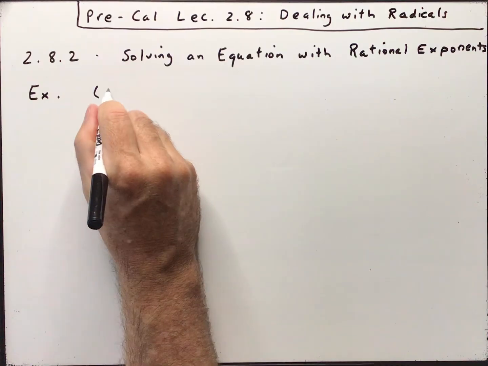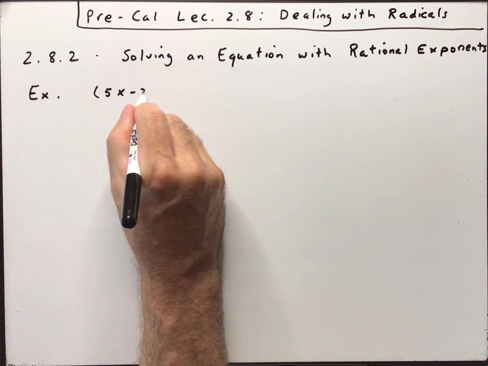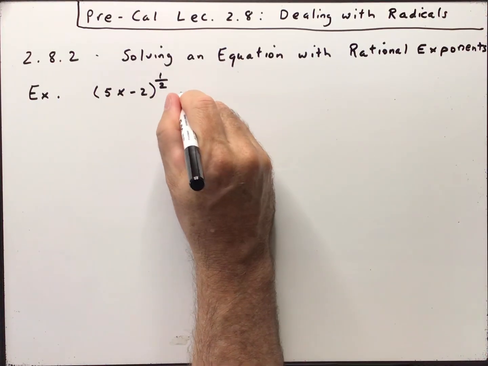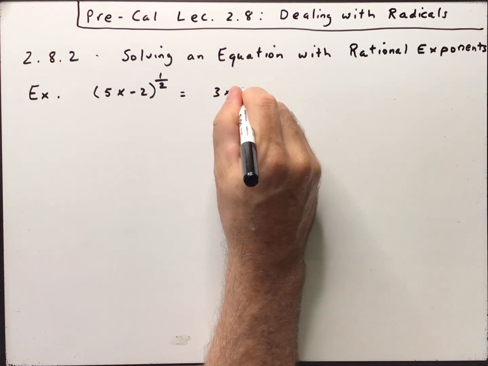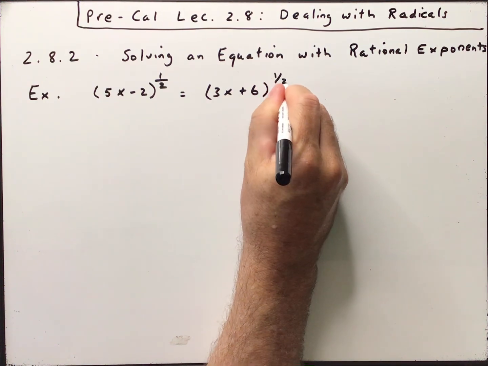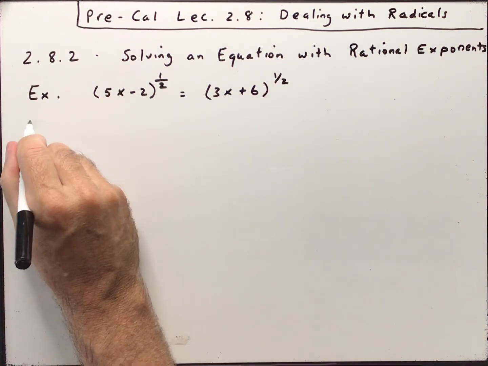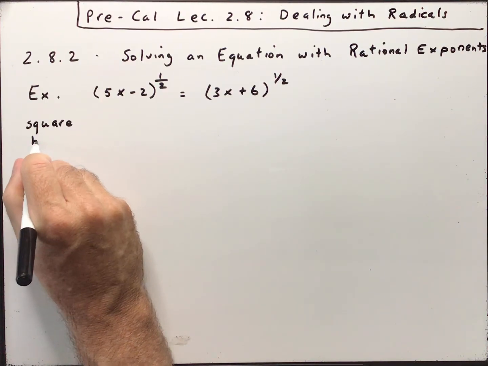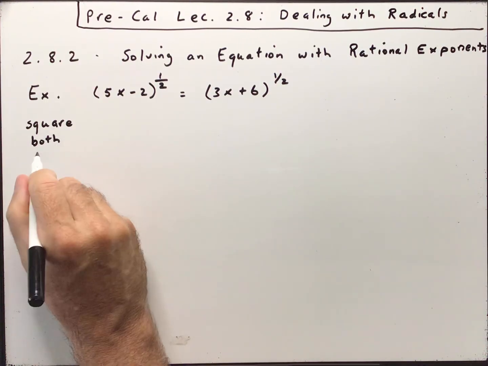So let's say we have 5x minus 2 to the 1/2 is equal to 3x plus 6 to the 1/2. Okay, let's square both sides.